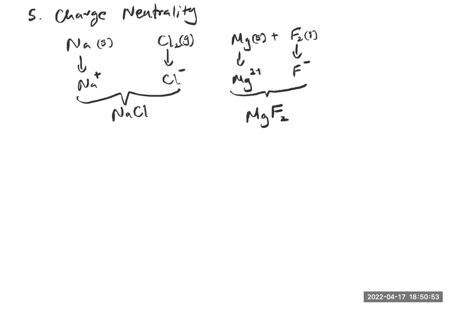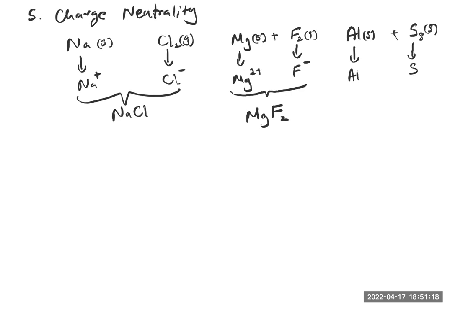Let's do another one. This time, let's do aluminum sulfide. Aluminum solid combining with, say, S8 solid. From aluminum solid, we are going to get aluminum atoms, and from S8, we're going to get sulfur atoms.